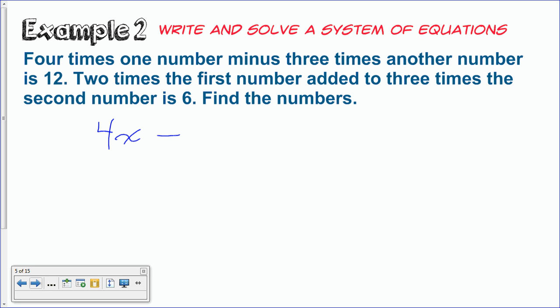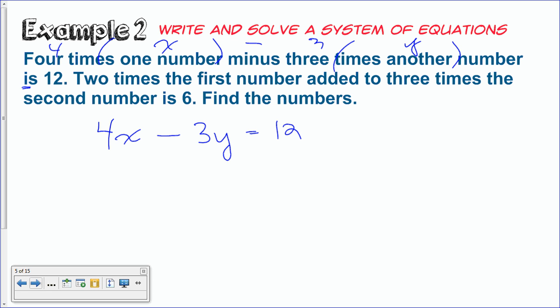Minus 3 times another number is what? What do I put in for his? Equals. There's 4 times... Well, I shouldn't make a mistake there. We use parentheses, times a number, which is x, minus 3 times another number, which is y, is equal.